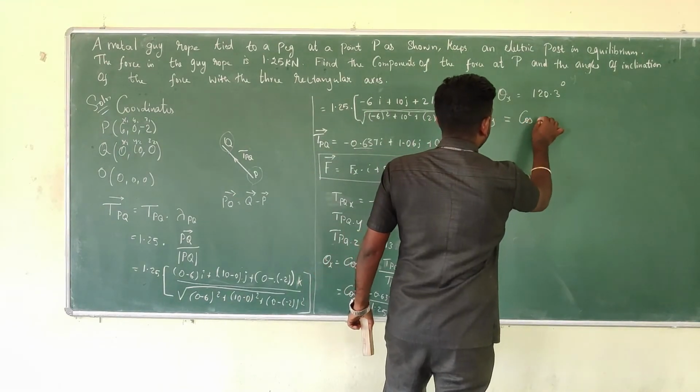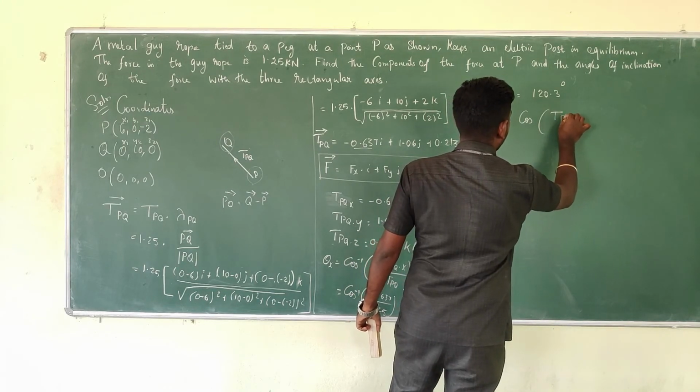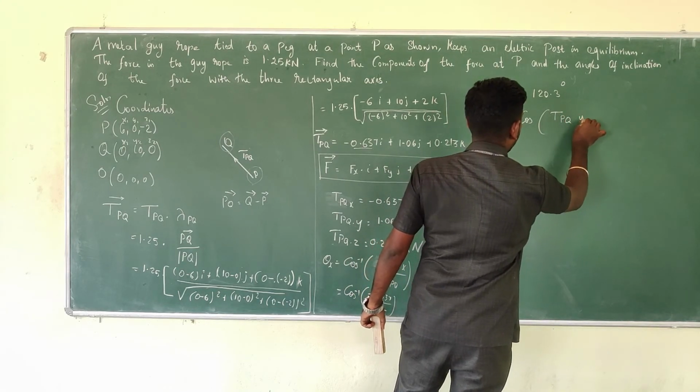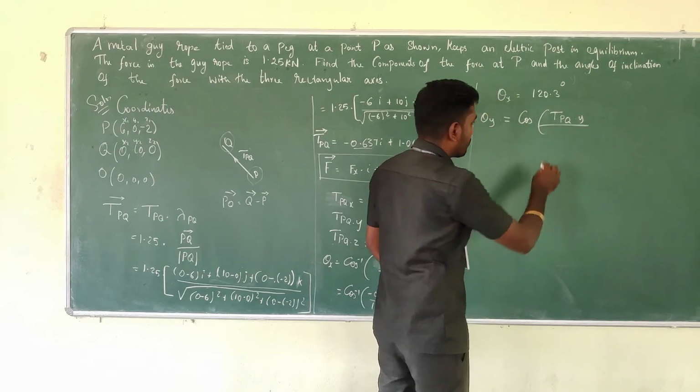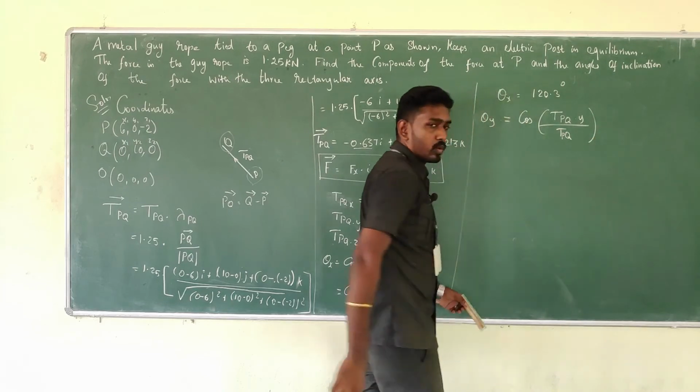Okay. Next, theta y, which is cos inverse of TPQ in y direction divided by the magnitude of the tension force at PQ.